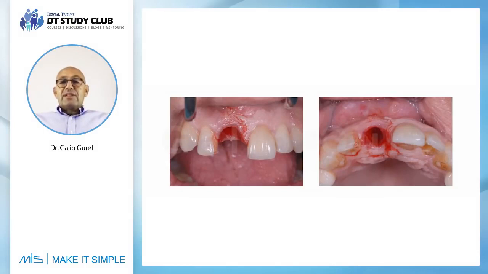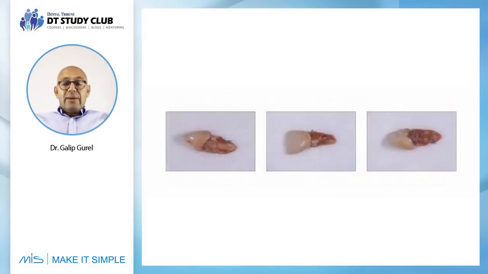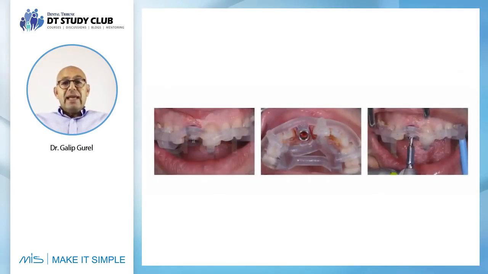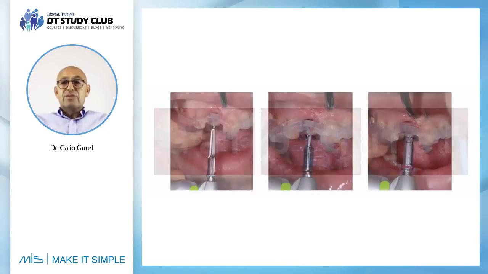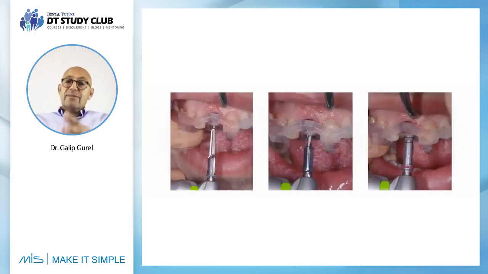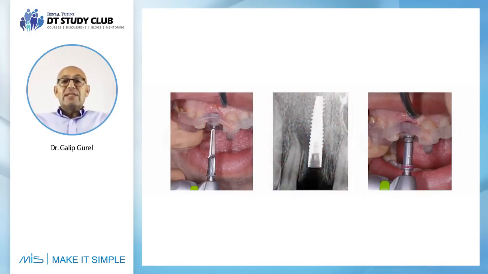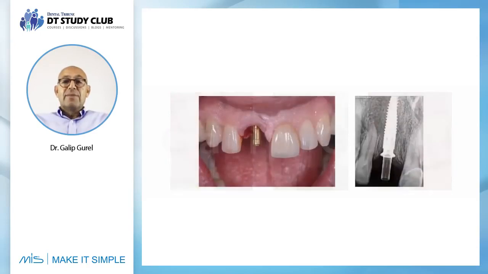Well, after we extract this tooth, now I'm going back to the extracted tooth itself, and as Junaid is placing the implant through the guide, this time also placing the implant, not only drilling but placing the implant through the guide, we can see how nicely it's positioned.